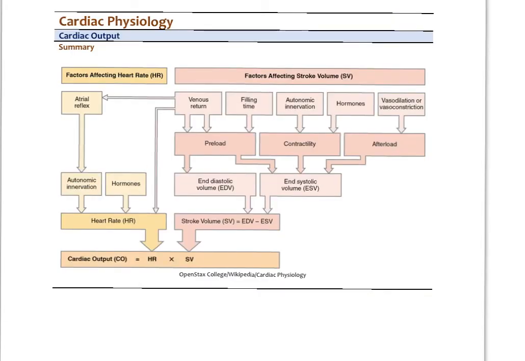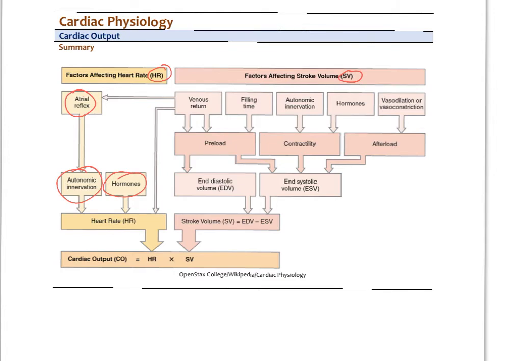Finally, this graph puts it all together in terms of cardiac output, heart rate, and then stroke volume. So the autonomic intervention plays a big role in heart rate, hormones as well, and then this is actually indicating your stretch reflexes. That also affects the autonomics.